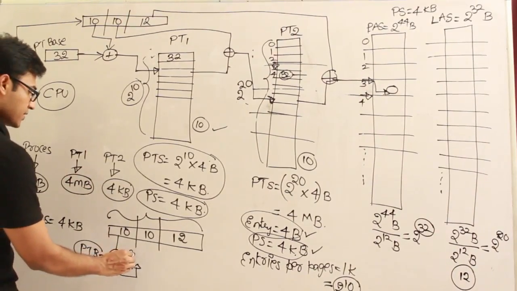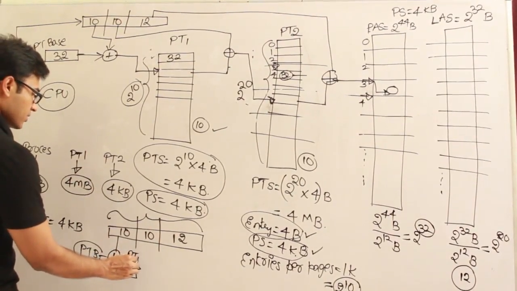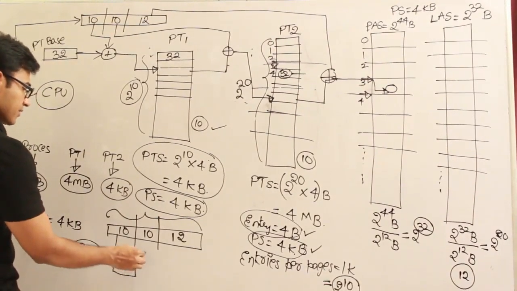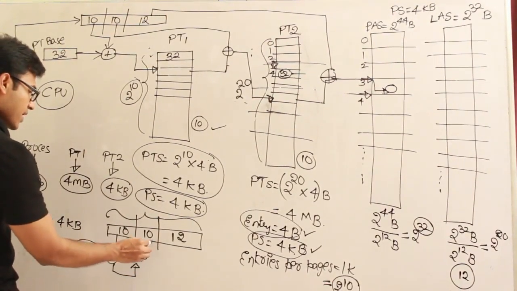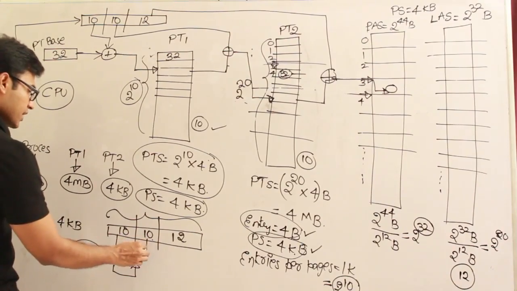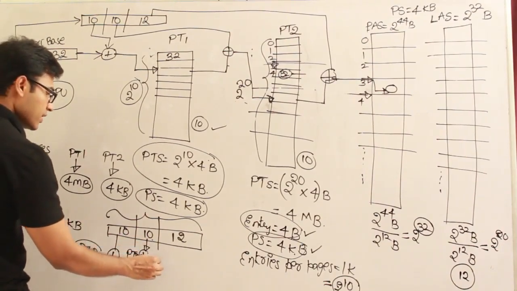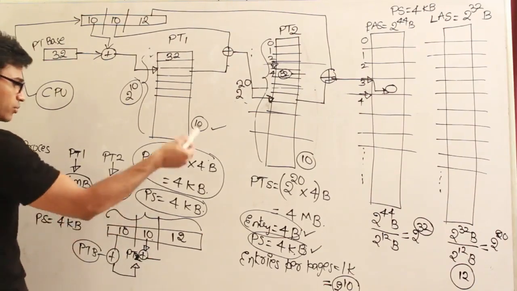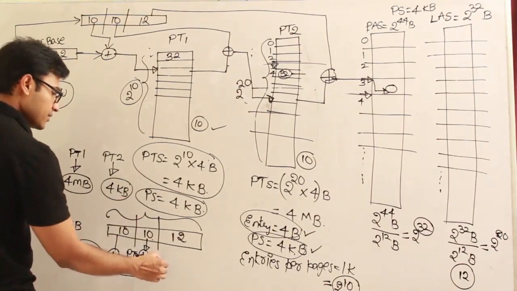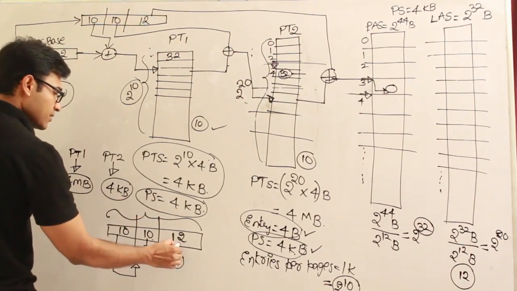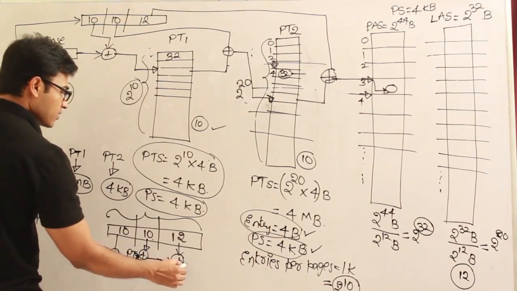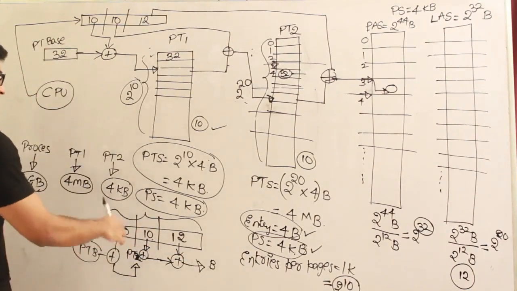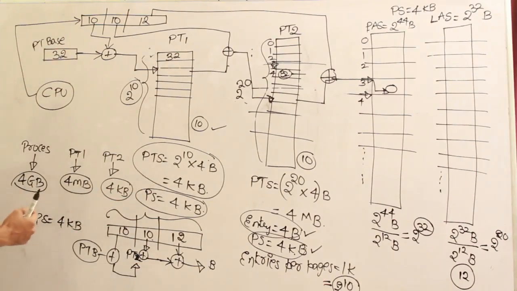So you can call it page table 1, page table 2 base. Now if I take this and add these 10 bits, then I get the base of the frame in which a page of the process is present. Now I take this number and add these 12 bits, then I get the actual word or byte I am looking for, right? So this is how a logical address is converted into a physical address. Got it?